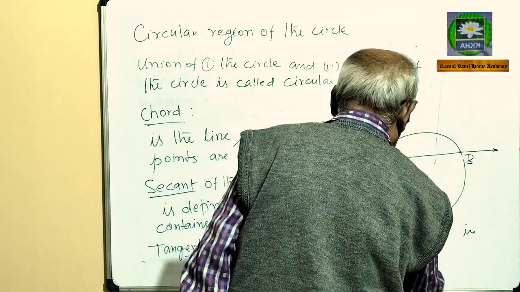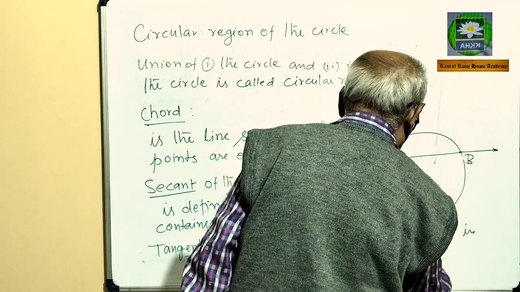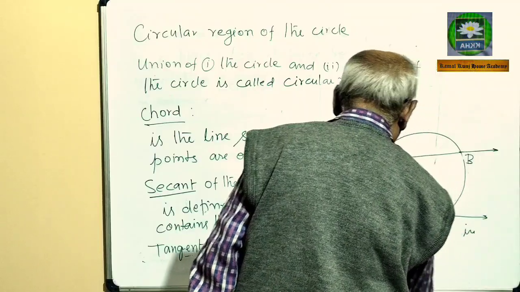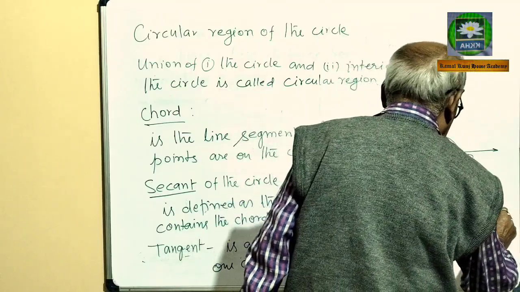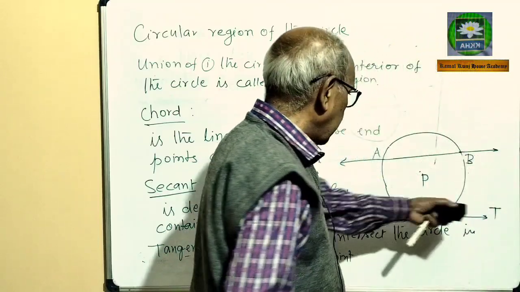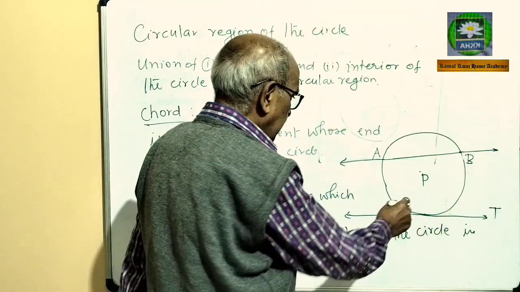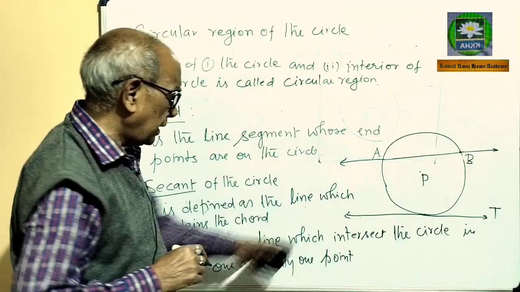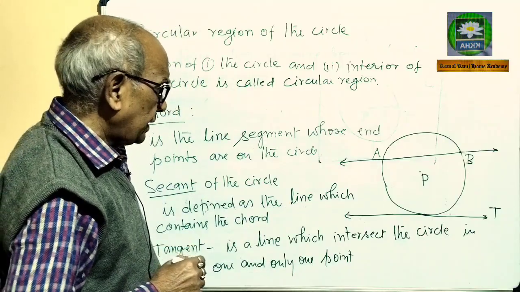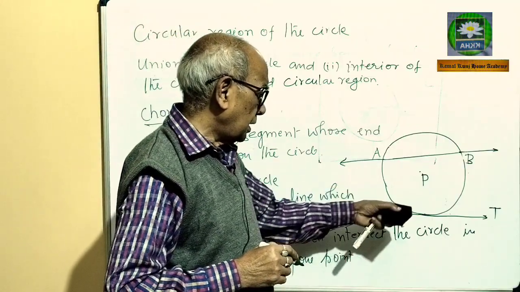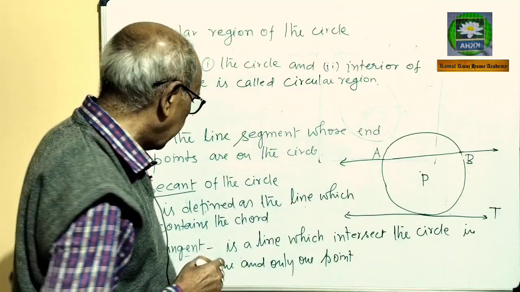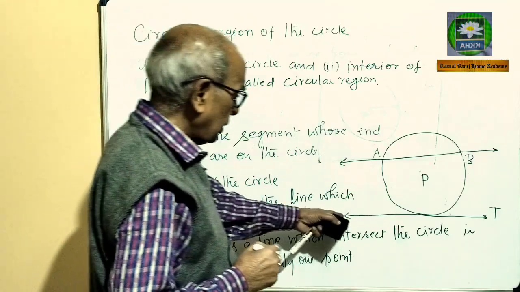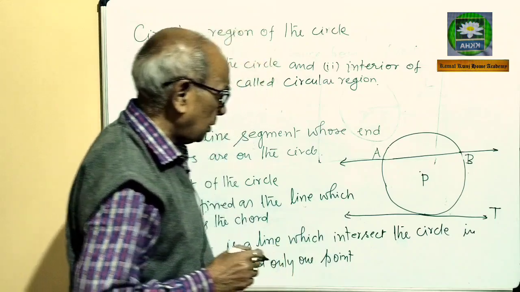Line T which intersects the circle at one and only one point is called a tangent. The intersection of this line and the circle is only one point. Then this line will be called a tangent to the circle.